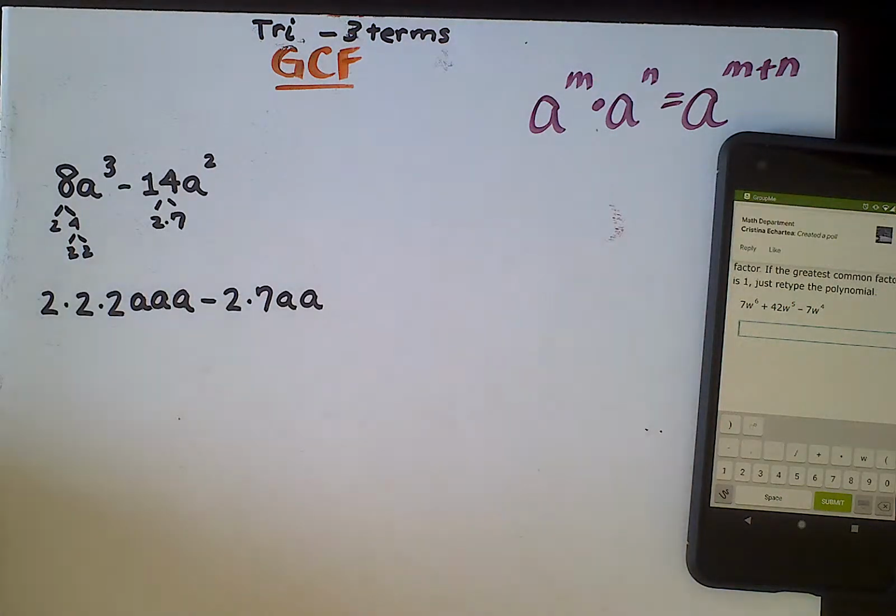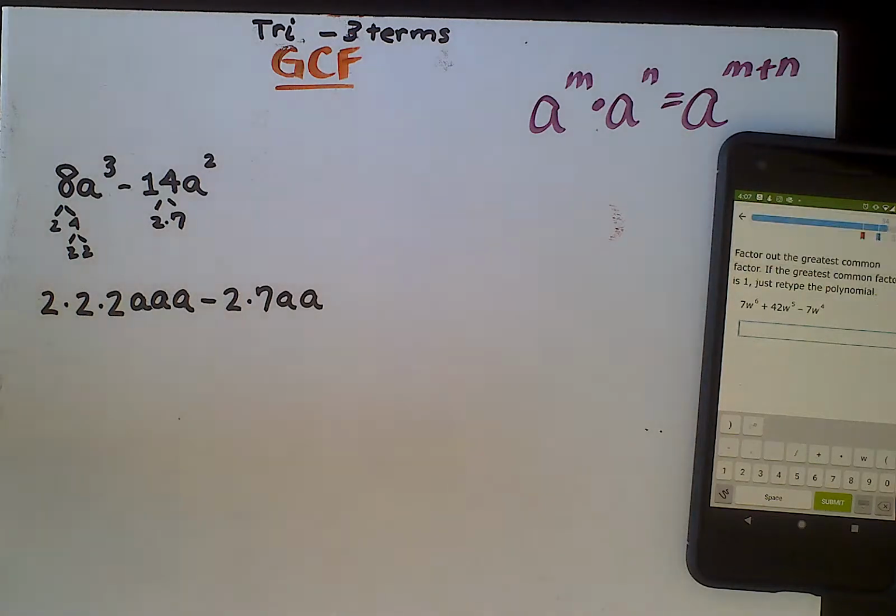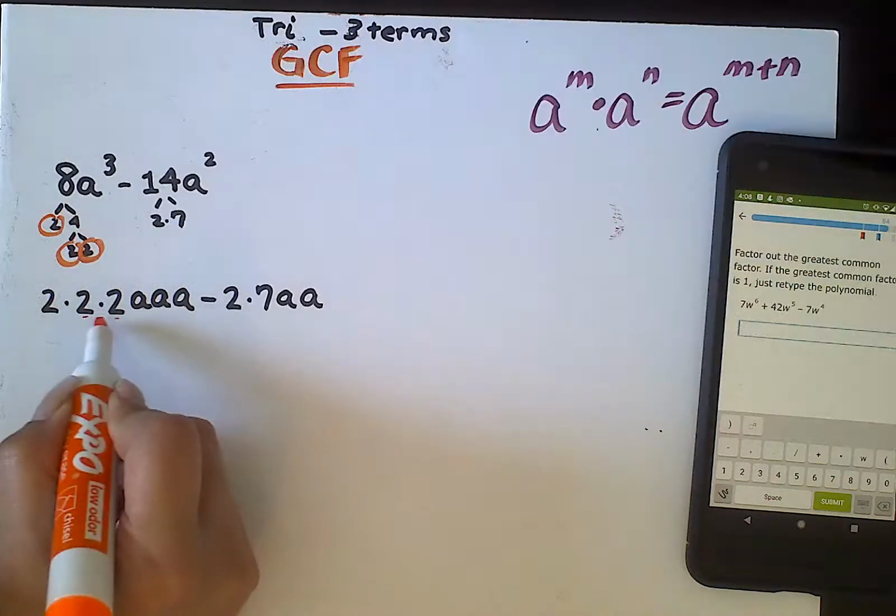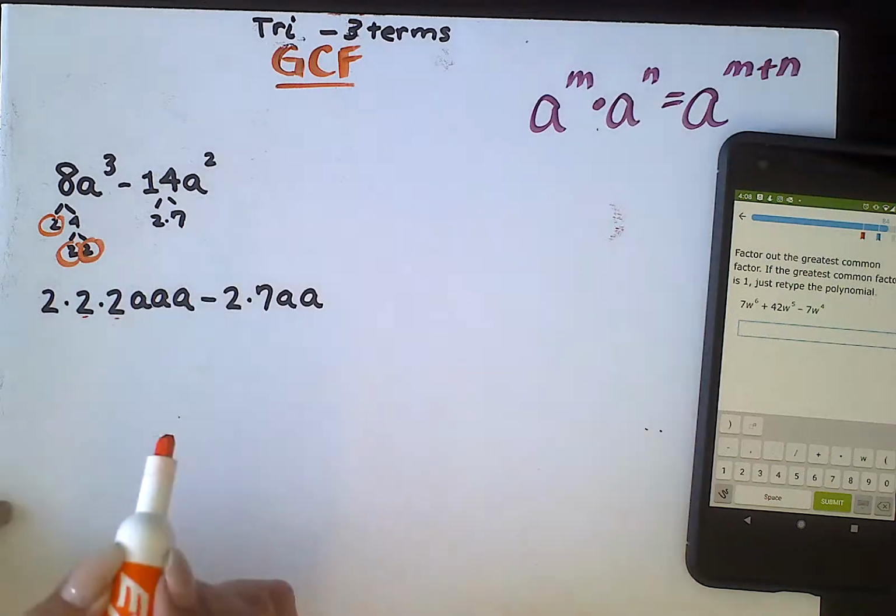Now, Jordan, did you have this factored out? What about the 4? Oh, okay. So 4 is also a composite number. So I'm only listing out the prime numbers because 2 times 2 is 4 and 4 times 2 is 8.